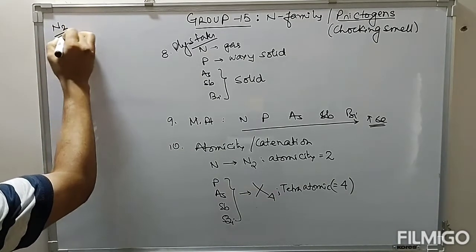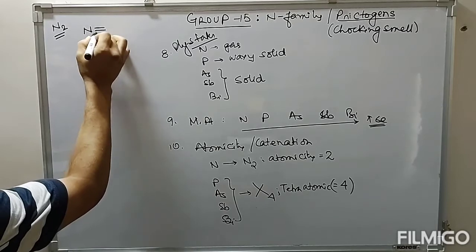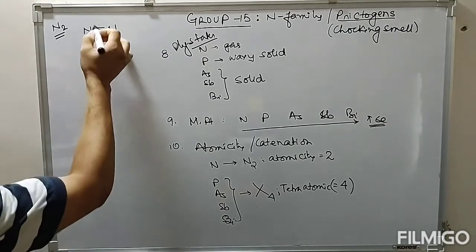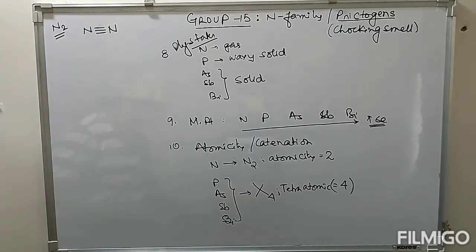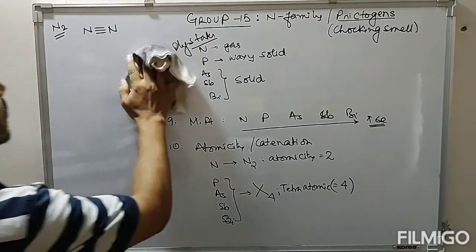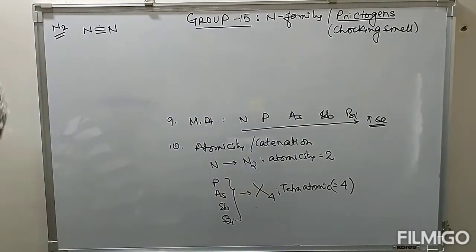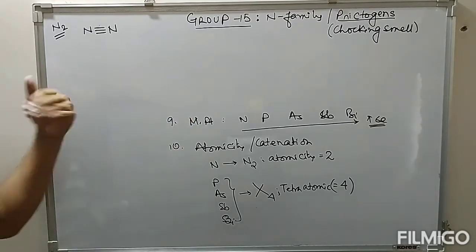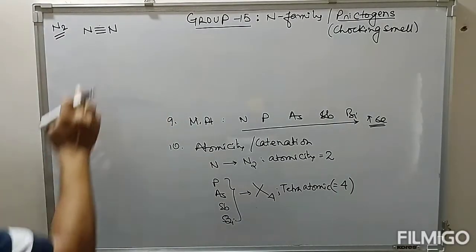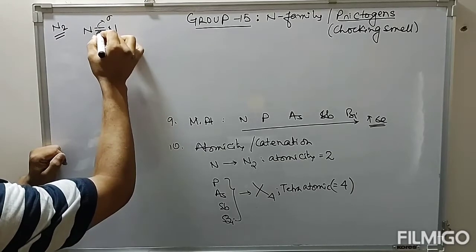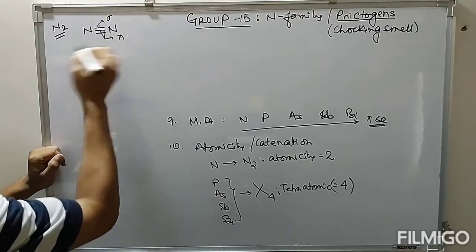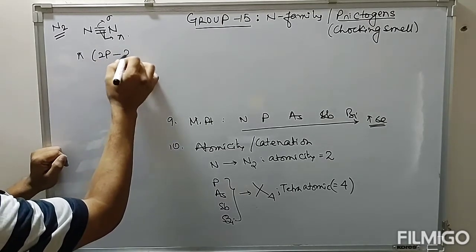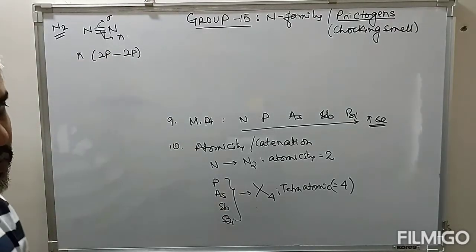Now look at nitrogen. Nitrogen has a triple bond. So we have one sigma bond and two pi bonds in the nitrogen molecule, that is N2. Now nitrogen being the smallest in size of the group 15 elements, the size of 2p is also the smallest. So this is the sigma bond, these two are the pi bonds. Now this pi bond is formed by overlapping between 2p and 2p.